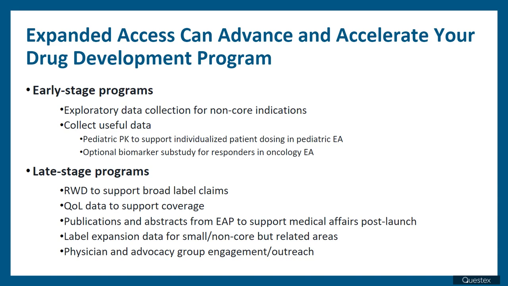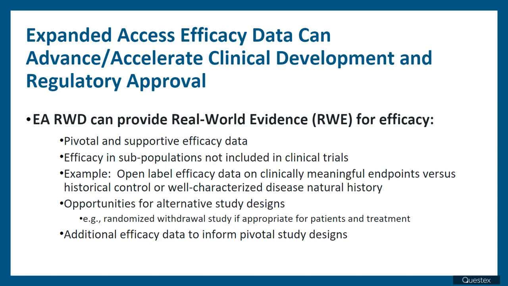And of course, as we've been discussing, it can provide real-world data to serve as real-world evidence to support initial product approvals. And so with that in mind, when we're talking about expanded access efficacy data, advancing your program, as you step through your development program, efficacy support coming from expanded access can develop data for you to inform your pivotal study designs.